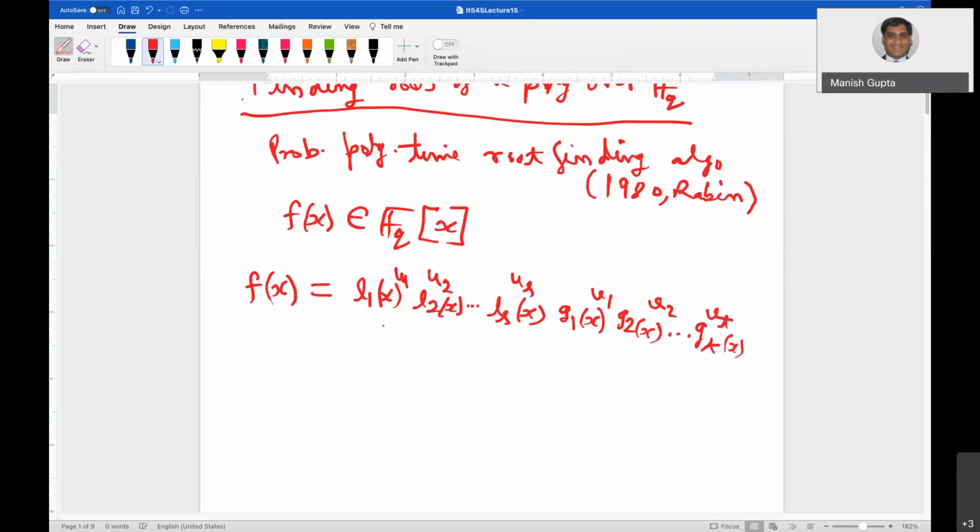So it may happen. So what are these Li's? Li(x) are linear factors, something like x minus alpha, linear factors.